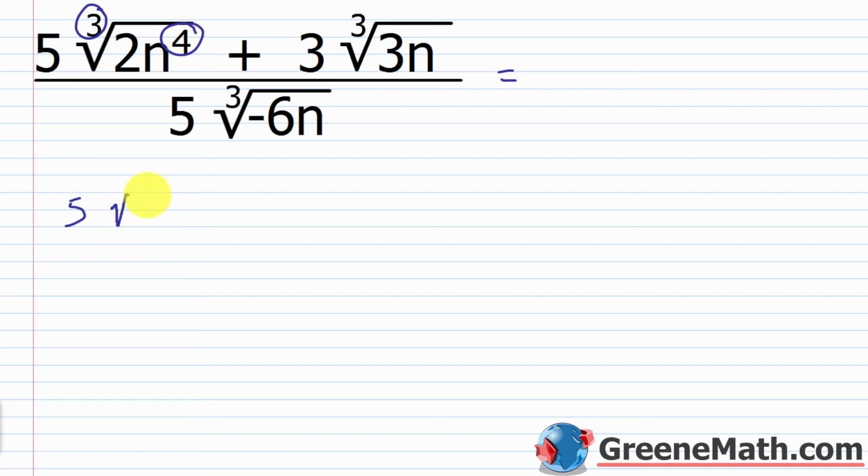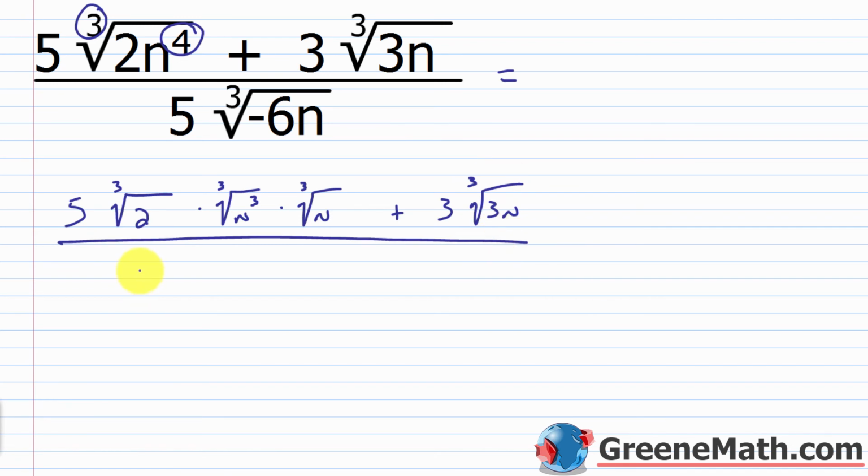So let's say we have the cube root of 2 times the cube root of n cubed times the cube root of just n plus 3 times the cube root of 3n over, we have 5 times the cube root of, I'm going to split this up into negative 1 times the cube root of 6n. This can be simplified and this can be simplified.